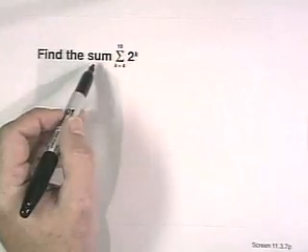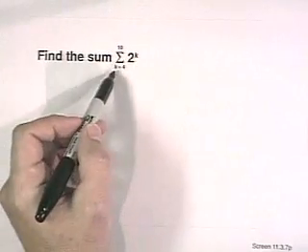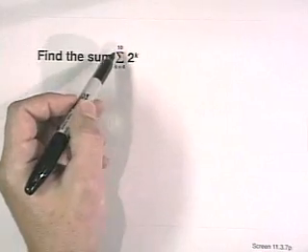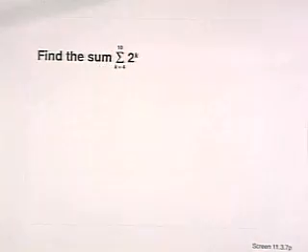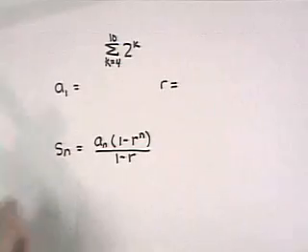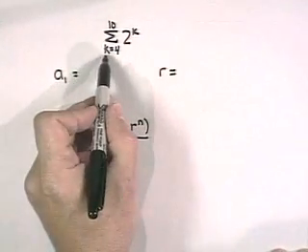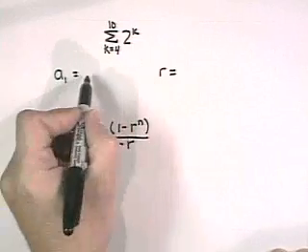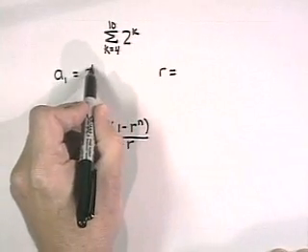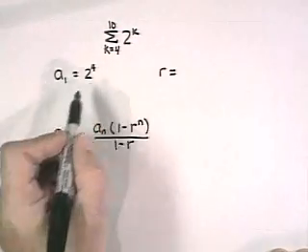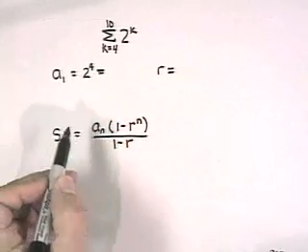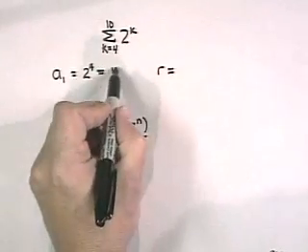Let's try one now with summation notation. Let's find the sum of 2 to the k power for k equals 4 to 10. We can find a1 by substituting k equals 4. That's 2 to the 4th power, which is 16.